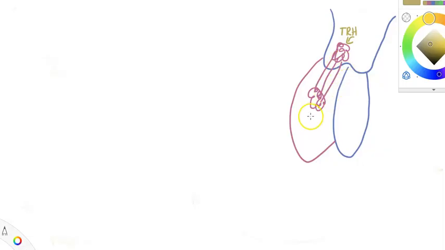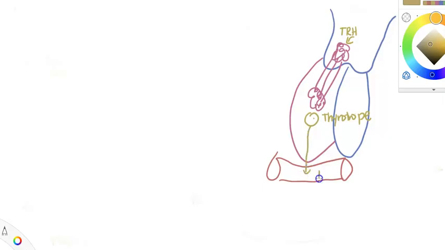It will come down and stimulate the thyrotrope cell to dump TSH into the blood. Once it's in the blood, it will travel to the thyroid gland.